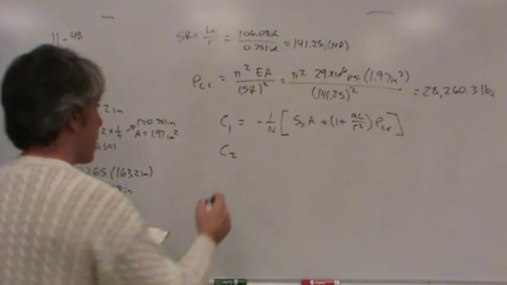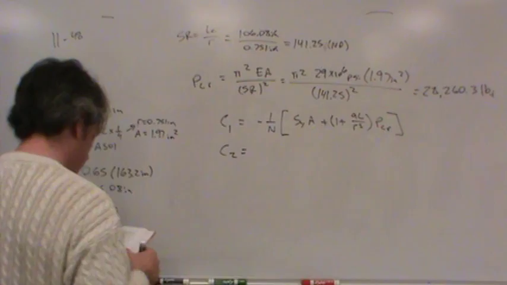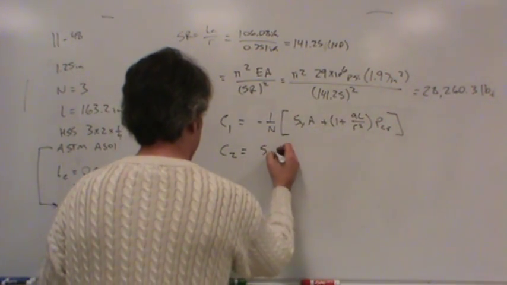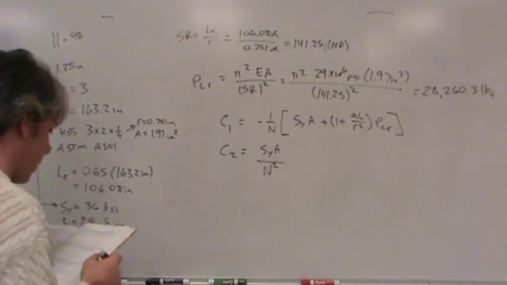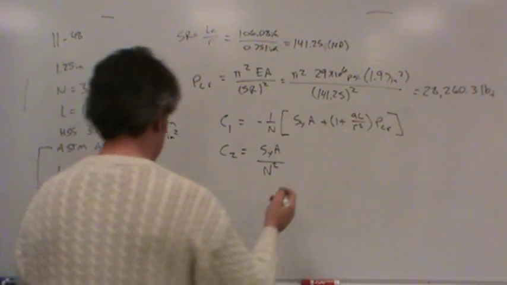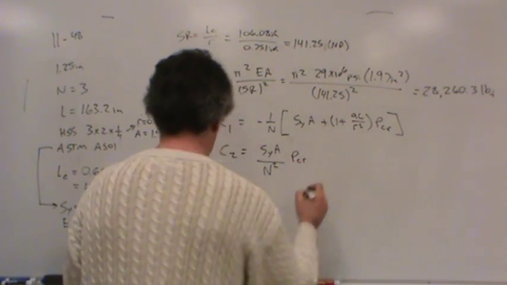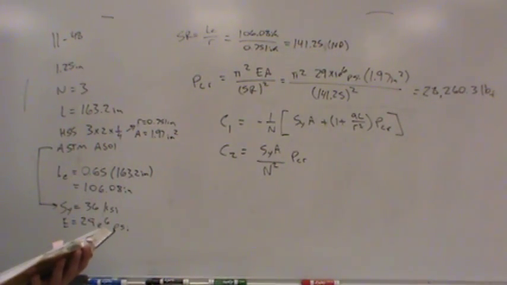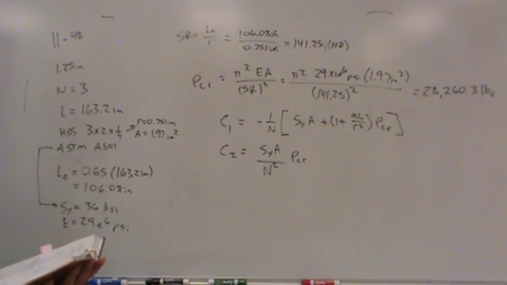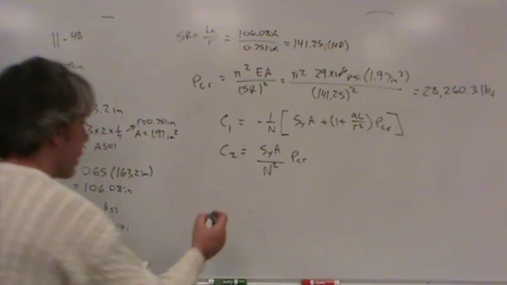So that should be C1. C2 should be the yield strength times the cross-sectional area divided by the safety factor squared, no, times the critical load. Okay, so there are the constants C1 and C2 so that we can plug in and solve for PA.